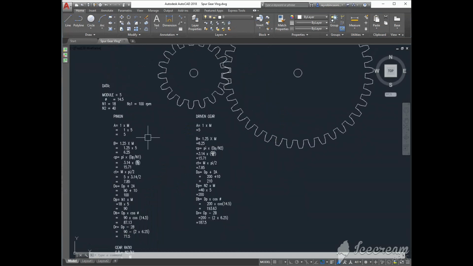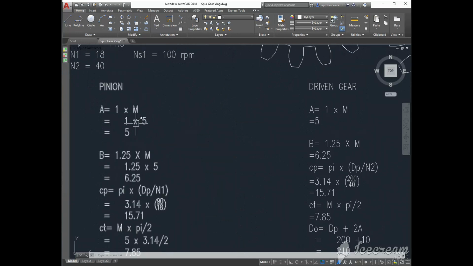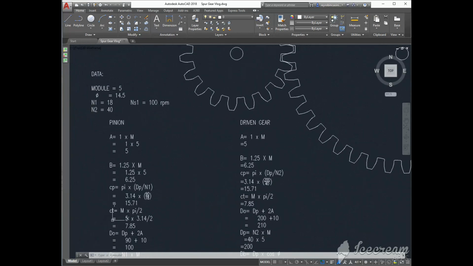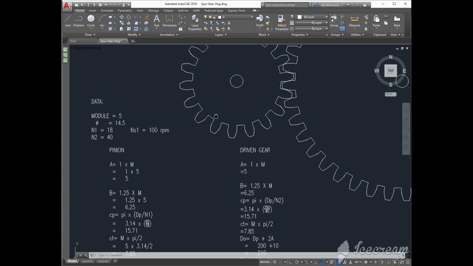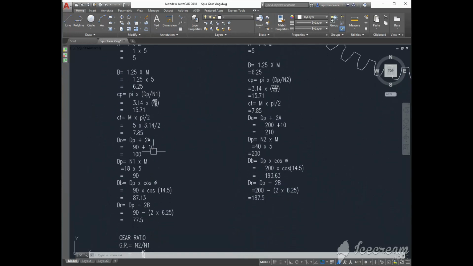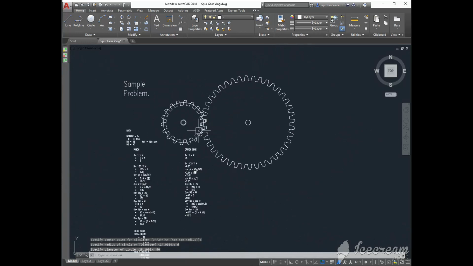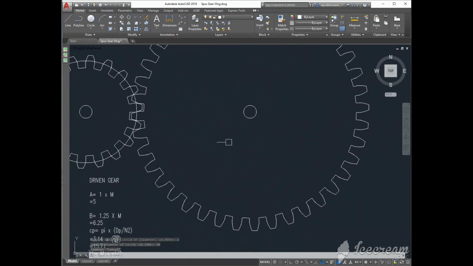To check whether we have come up with the correct values here, let's start with this pinion gear. We solved for the PCD here, and it is around 90. So for example, this is the PCD of the pinion gear, and the PCD of the driven gear is 200.